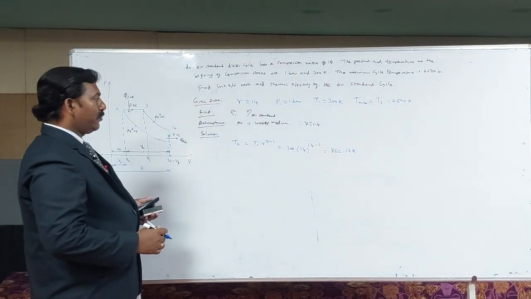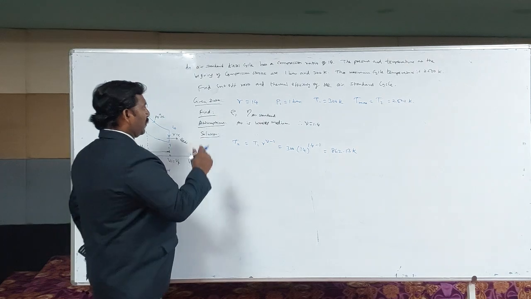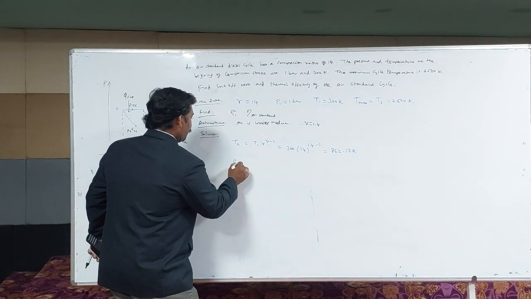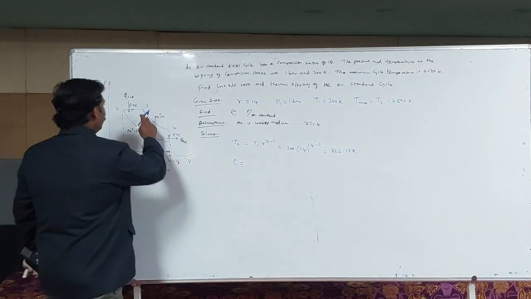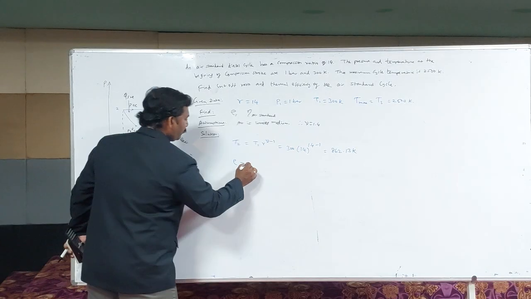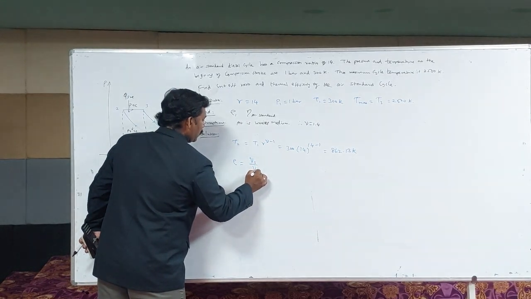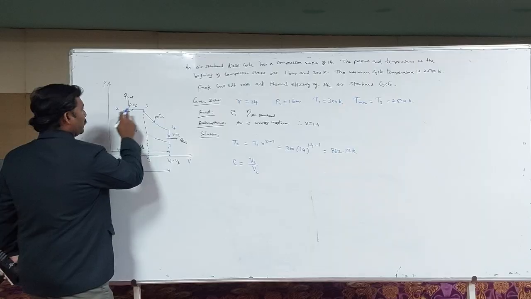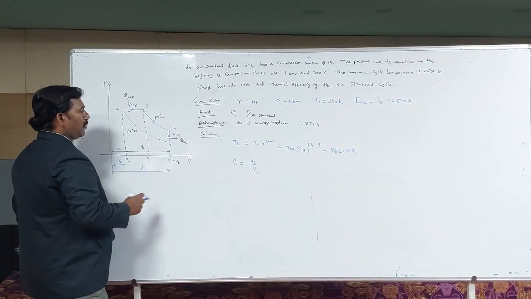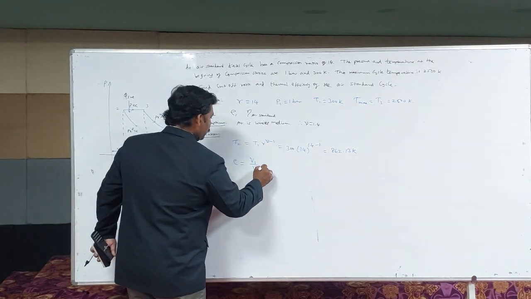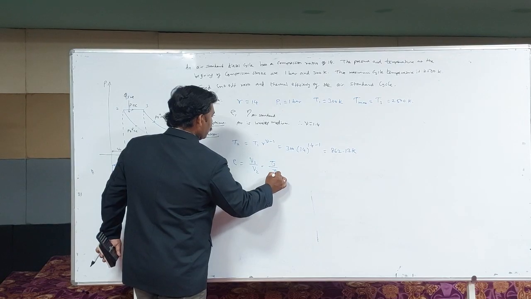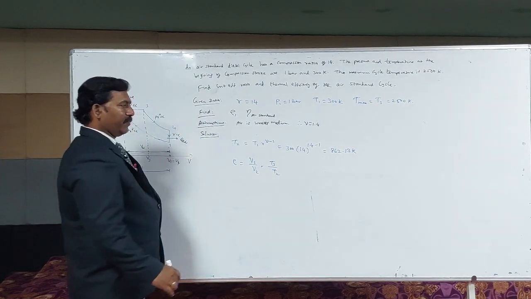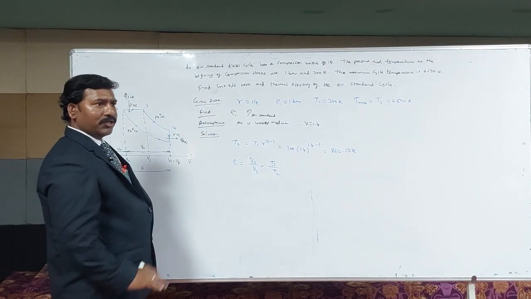So now we have to find the cutoff ratio to calculate efficiency. The cutoff ratio is V3 by V2. Since the 2 to 3 process is a constant pressure process, V3 by V2 is equal to T3 by T2. So the cutoff ratio can be found using the ratio T3 by T2.